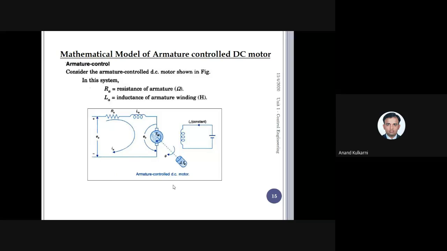For example, you might have done an experiment in your 7th semester. Now you are going to do the experiment on governors. In that, to change the speed, we are using a DC motor, which is a DC armature controlled DC motor, which is a variable speed device. So this is one part.